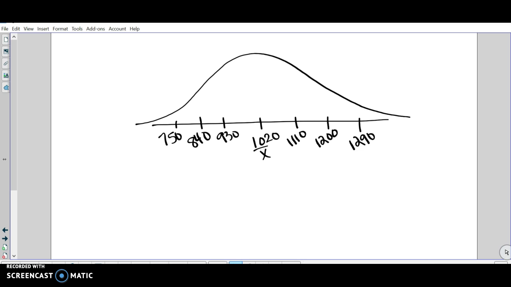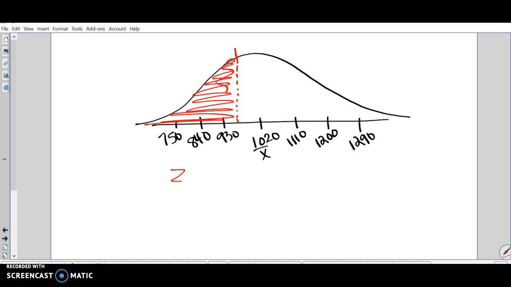But if you look in question 6, it's asking me to find the probability that it's less than 939 words per minute. So if you look here, 939 words per minute does not hit exactly on a standard deviation. So we cannot use our empirical rule.